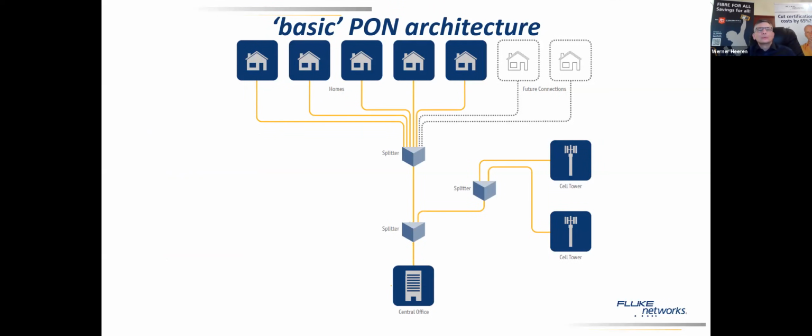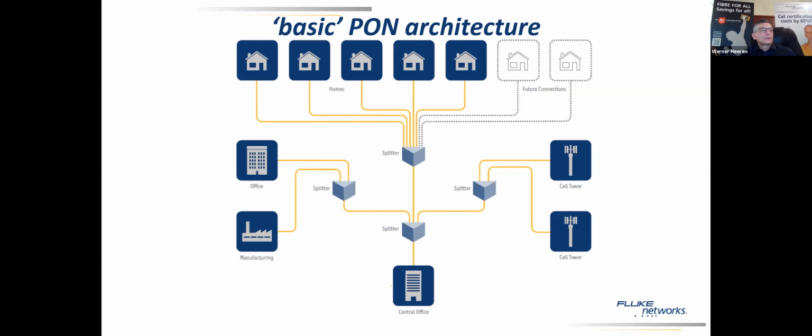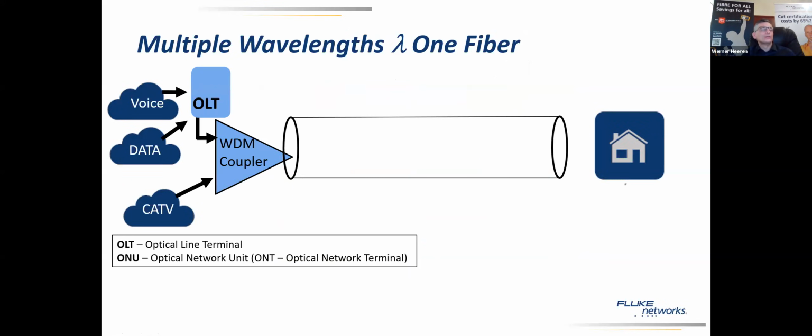The splitter goes to cell towers, to even enterprises, offices, hospitals, larger enterprises, or the hotels, or all kinds of applications. And for eventual issues, you could have a backup connection here from the central office. So this is the basics, just another way of picturing it, as Shahir mentioned, different speeds.